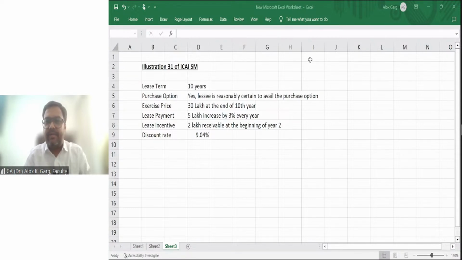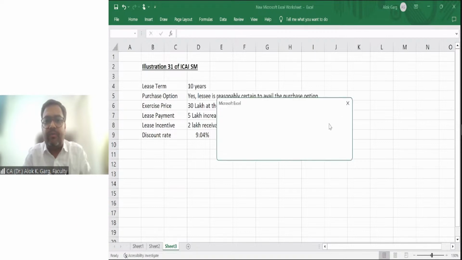Is the Excel file visible to all of you? Let me close this Excel file and then open it again. Just allow me a minute.